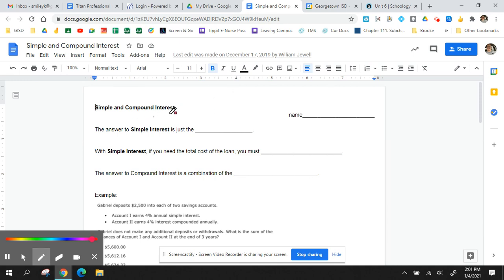It says the answer to a simple interest is just, remember, the interest. So I'm just going to put an I there, but it stands for interest. I'll do a little arrow for you. With simple interest, if you need the total cost of the loan, like at the end, how much are you fully paying them, then you must add back in the interest that we just found plus your principal, your starting amount.